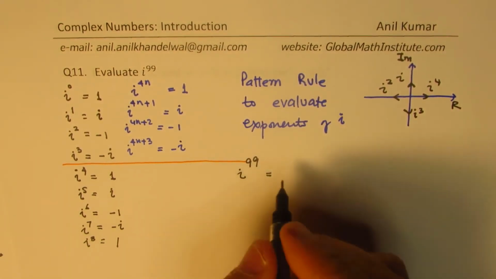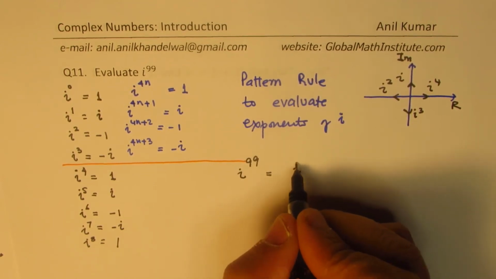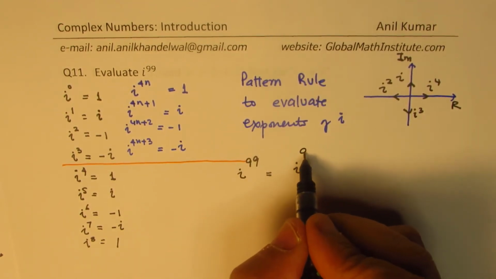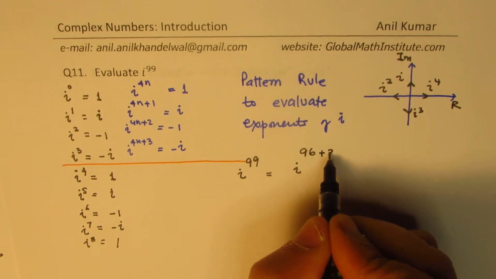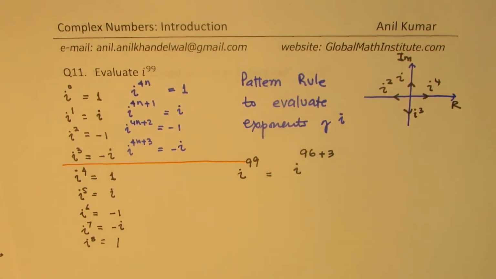Now i to the power of 99 can be written as i to the power of 96 plus 3. Why do I write 96? 96 is a multiple of 4. Let me show you on the side.